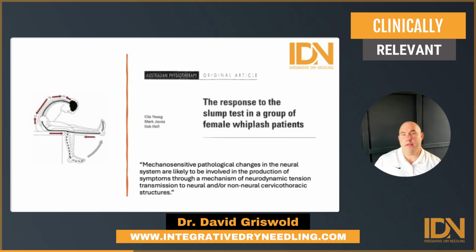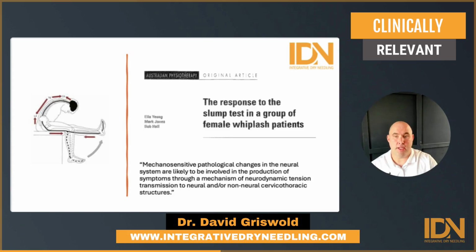So, starting with a study that was published a number of years ago, they took individuals who had symptomatic whiplash-associated disorder compared to their asymptomatic control group. They did a slump test as a clinical examination tool, and they found that those individuals with symptomatic whiplash were more likely to have a positive slump test.